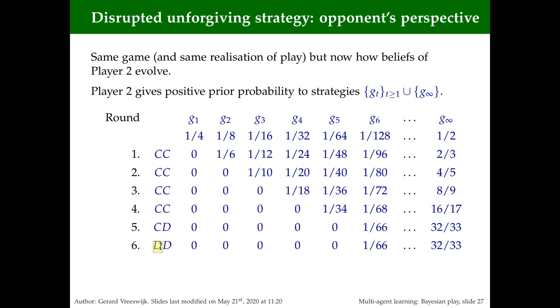So the course of play and the history doesn't reveal which strategy the first player is using. This is either by conditional defection, because the second player has defected and the first player by unforgiving defects as well, or it may be that the first player avails himself of unconditional defection in the 6th round.